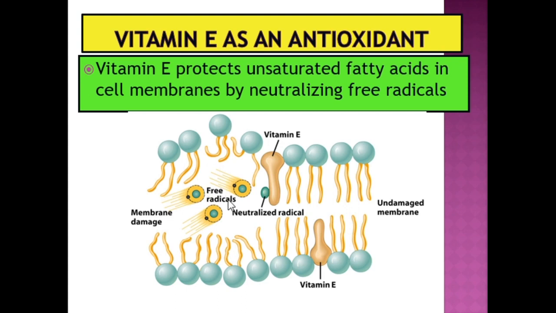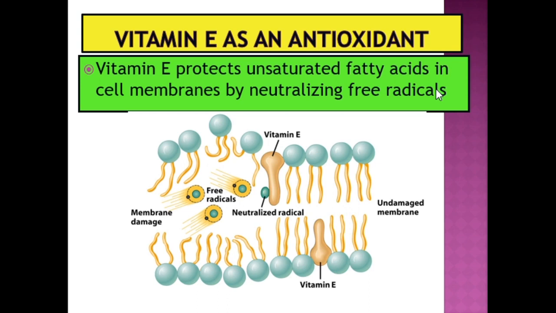Free radicals are one of the most common factors that contribute to cancers. So what will happen if we take a lot of vitamin E? Vitamin E will neutralize the free radicals in the membrane. So vitamin E protects unsaturated fatty acids in the cell membrane by neutralizing free radicals. Free radicals can come from very different sources.